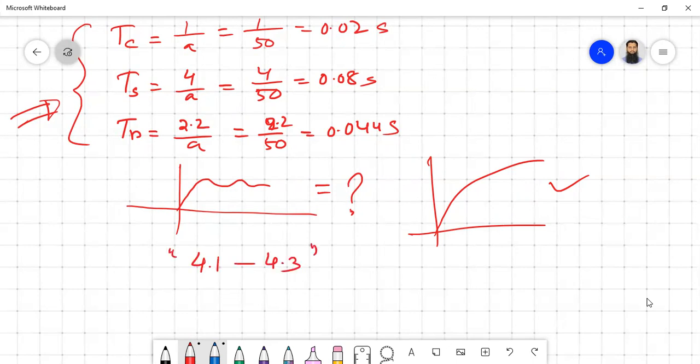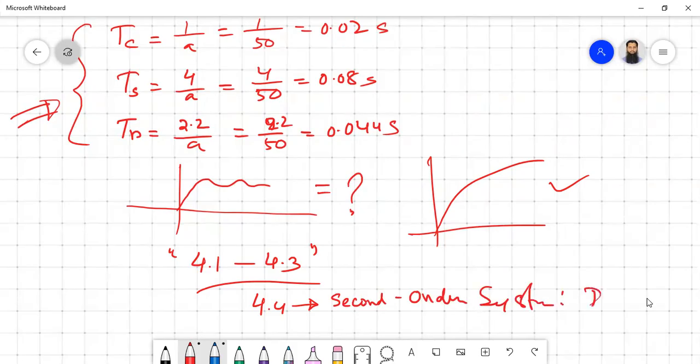And next, whatever we'll be discussing is your Article 4.4 in the next class, hopefully: introduction to second order systems.